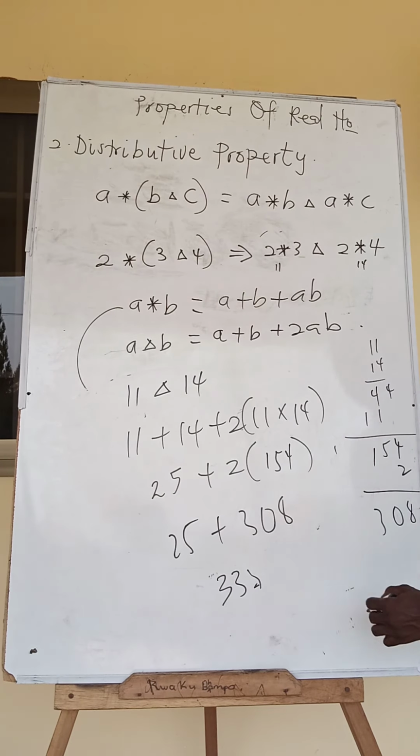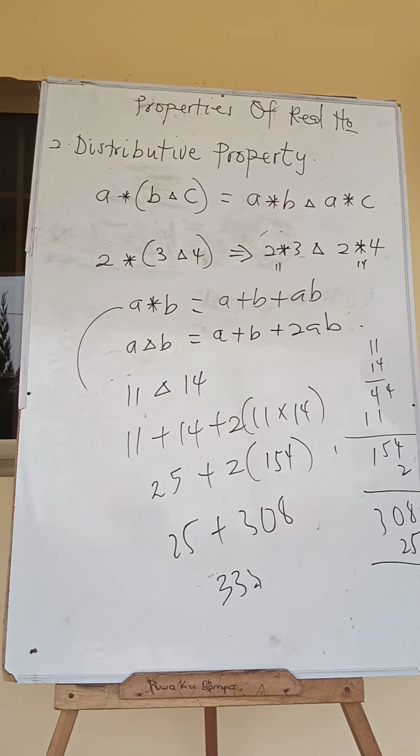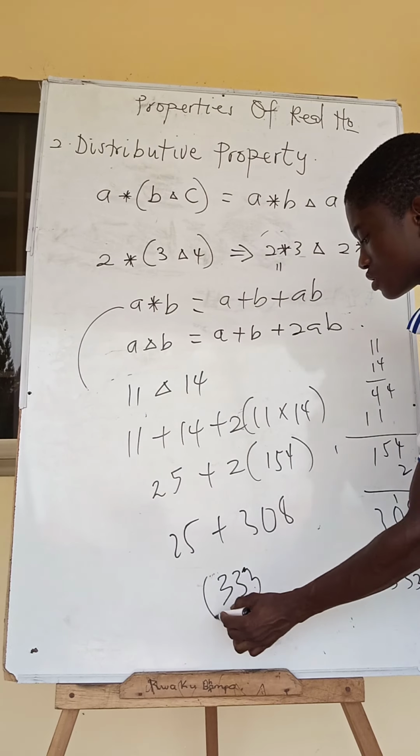Let's check it and see here. 308. Let's add 25 to it. 5 plus 8 is what? 13, right? We are going to get what? 2. You add the 1 to it, you get 3. So 3 is correct. So here 333. So this is the answer.